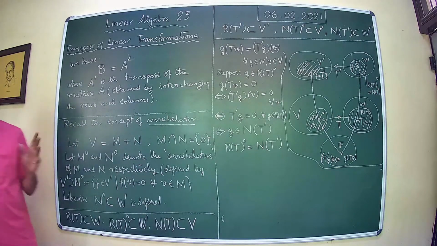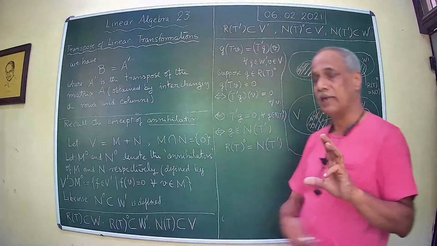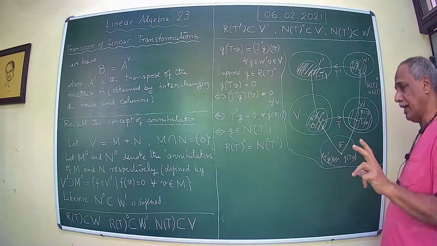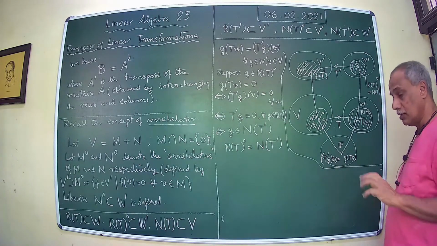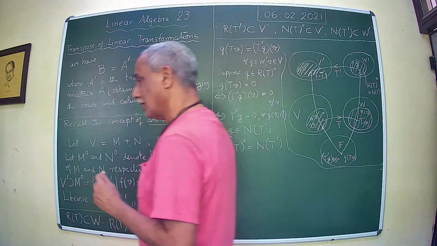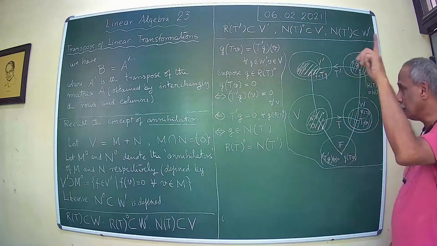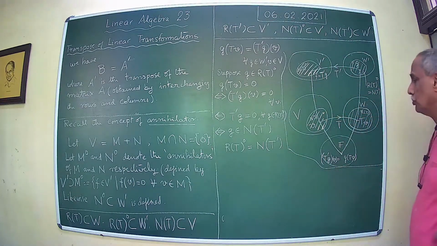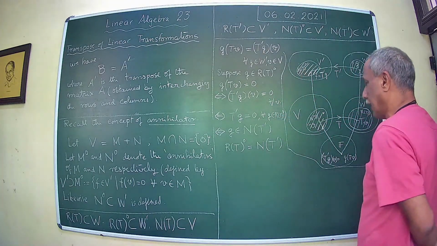And we already have a result that the column rank of a matrix A is the row rank of the same matrix. But then the row rank of A is also the column rank of A prime. So there is a connection between the two, and that's the most interesting aspect. So this eventually leads to the conclusion that both T and T prime have the same rank.